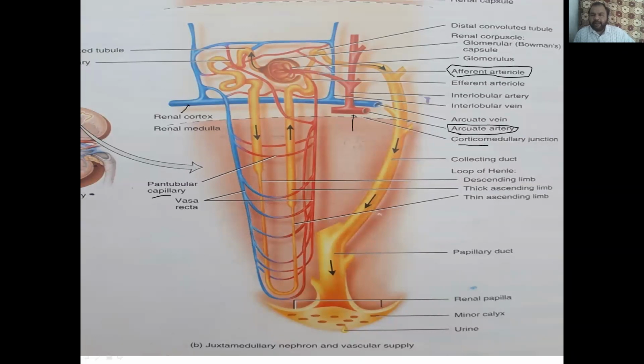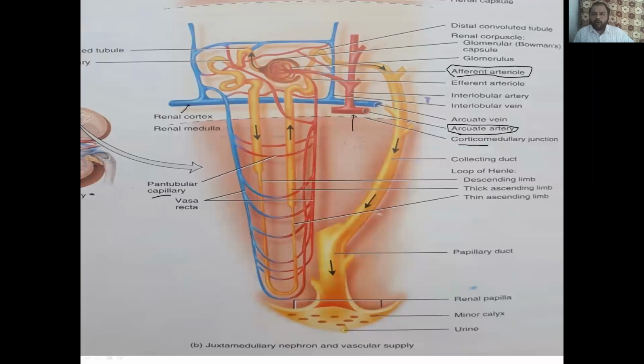Ultimately, from the renal artery, at the nephron level there is more ramification. The arcuate artery enters into the glomerular capsule as an afferent arteriole, ramifying, making a tuft of capillaries, and coming out.